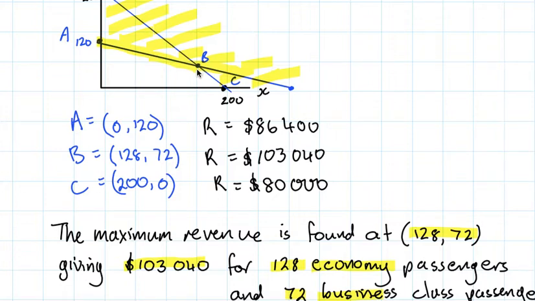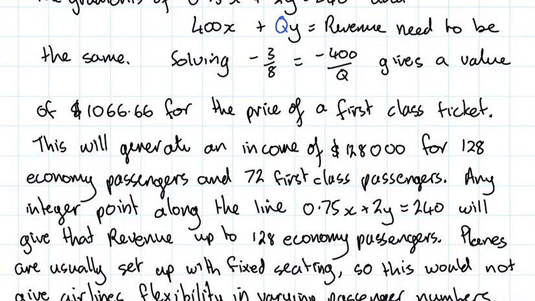Make sure you write, or merit rather, make sure you write that part up, and I'll write a little sentence just to show you what it should look like. So here is my final sentence. The gradients need to be the same, and when we solve it, it gives a value of $1,066.66 for the price of a first class ticket.